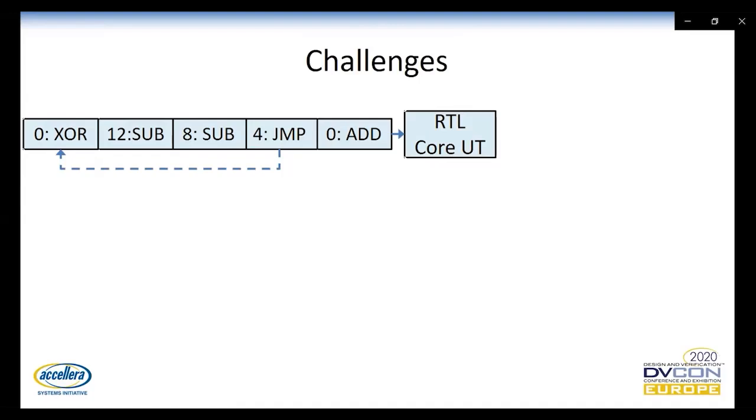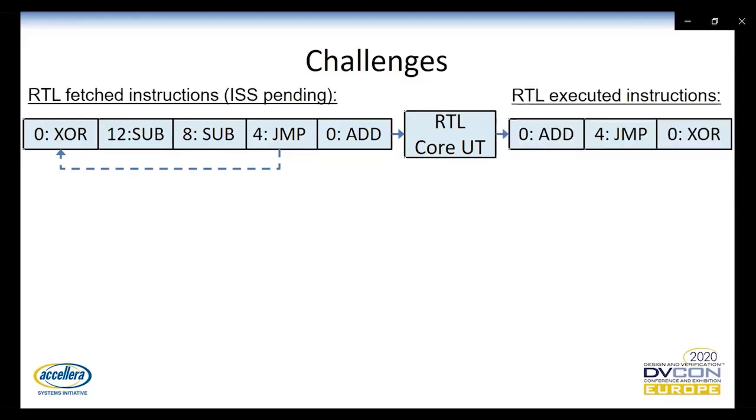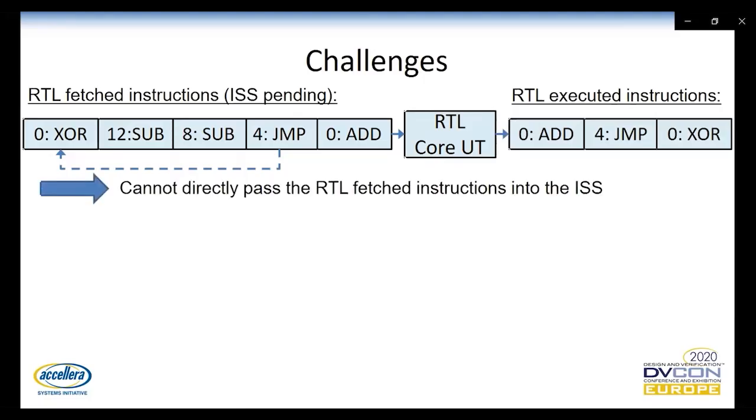Then it fetches a jump instruction at program counter 4. The jump goes back to program counter 0. However, the RTL core prefetches 2 sub instructions before fetching the 0 program counter again. Thus, the RTL core executes 3 instructions in total: add, jump, and XOR.